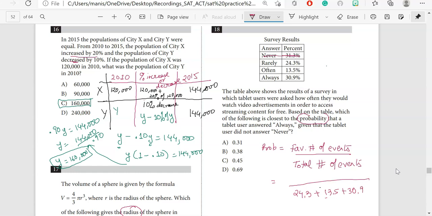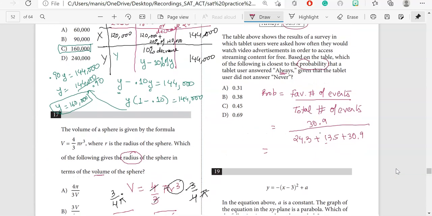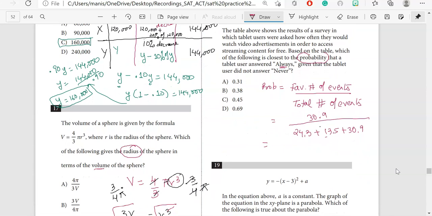Now the favorable number is what? They are talking about the word always, so let's look for always, which is 30.9. So I will write over here 30.9. When you add and solve this part, use your calculator for this, you will end up with 0.4 something. So I will just take 0.4 something.